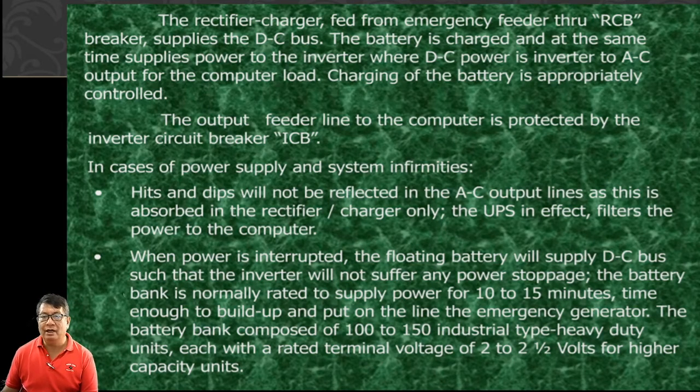In case of power supply and system infirmities, hits and dips will not be reflected in the AC output lines as these are absorbed in the rectifier or the charger only.